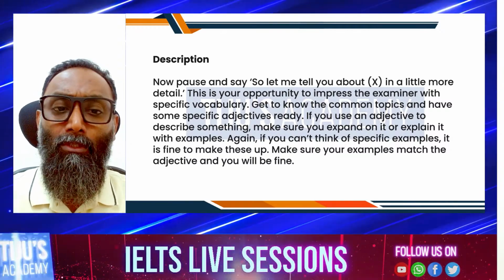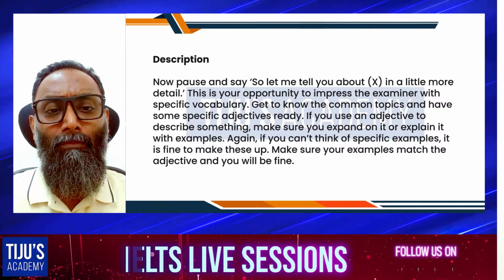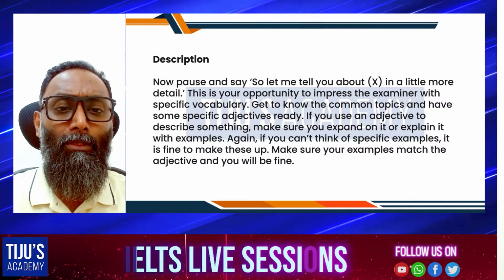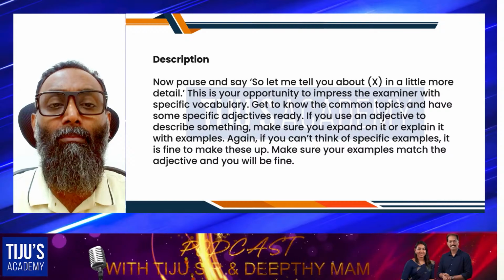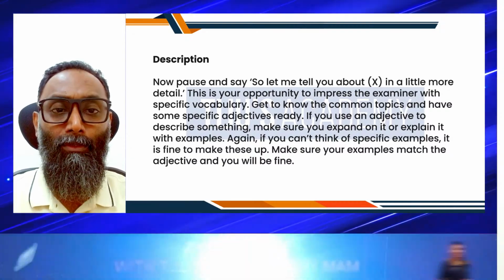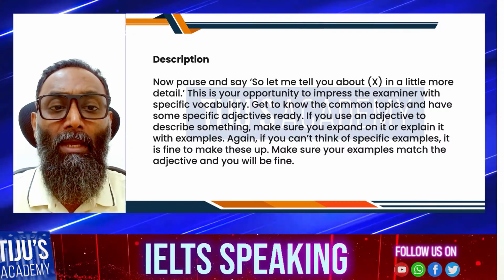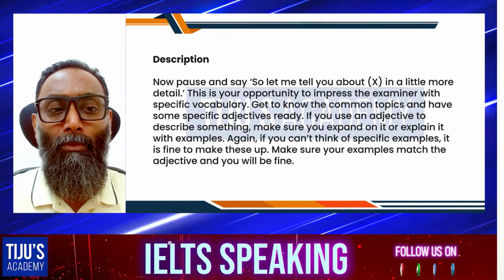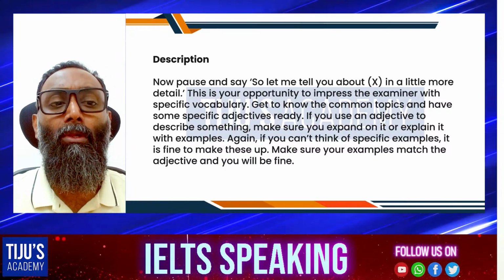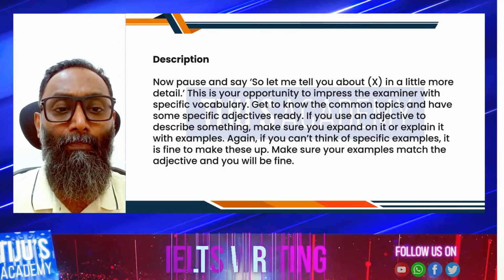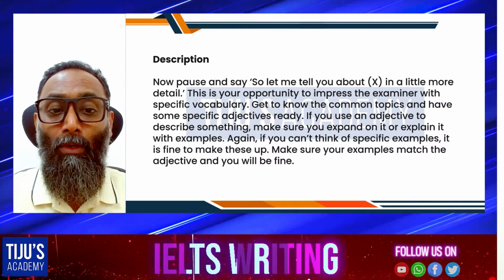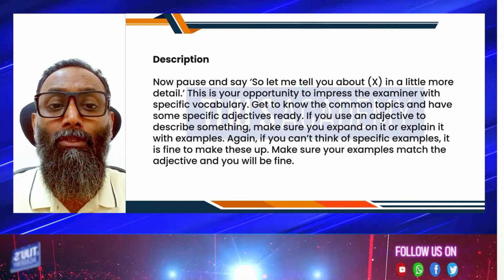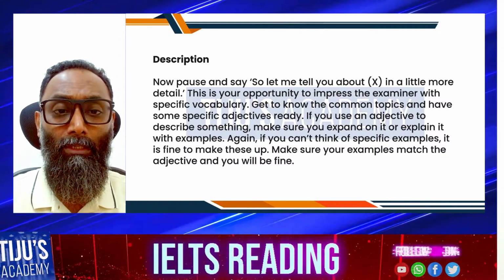If you just Google search, you'll get millions of vocabulary items for anything that you need. You have your synonyms. Try practicing them. The more you practice, the better you become, the more perfect you become. Make sure you have a list of vocabulary for common topics ready in all your practice sessions and use them. Instead of saying the same word over and over again, try to use new vocabulary and show that you are good in English.